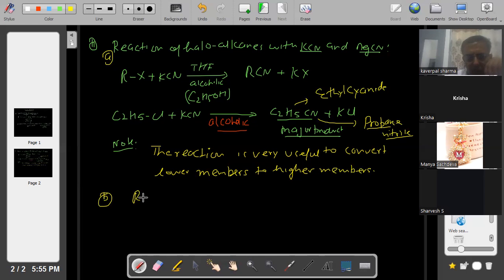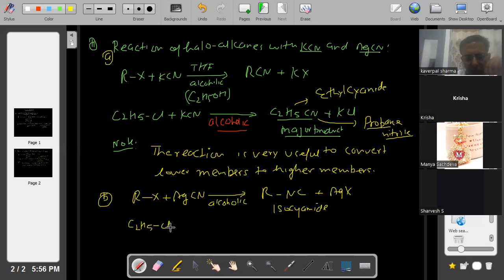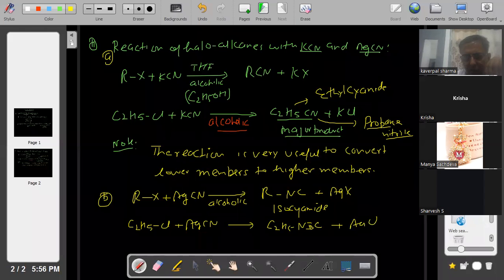If the reaction RX plus AgCN, silver cyanide, in alcoholic medium, again alcoholic medium, you will get RNC, that is isocyanide, plus AgX. It means C2H5Cl plus AgCN, the compound will be C2H5NC plus AgCl.